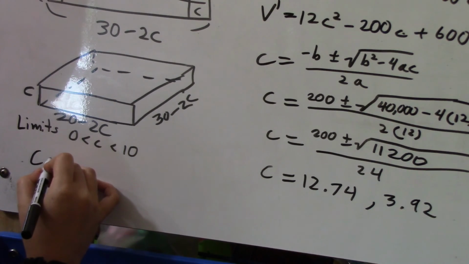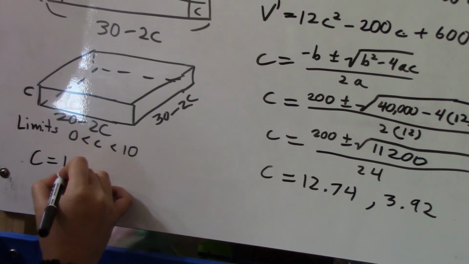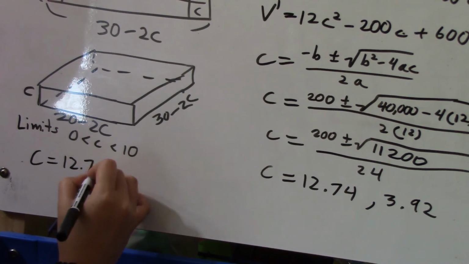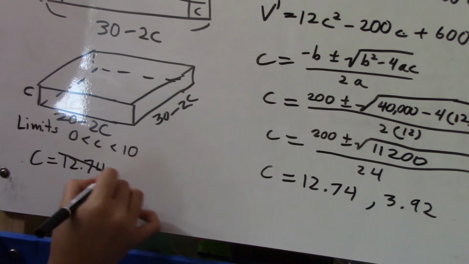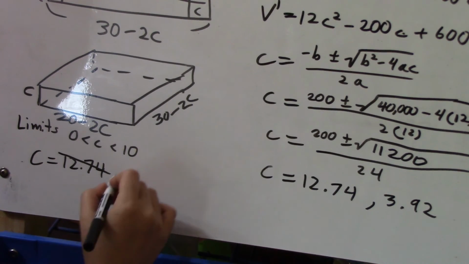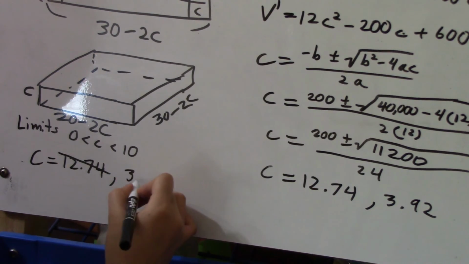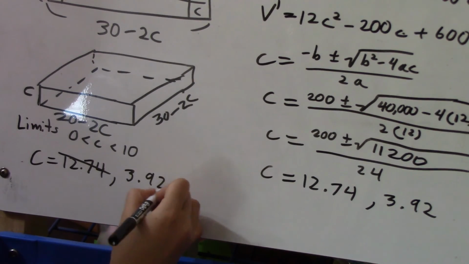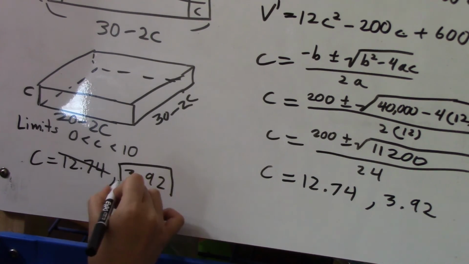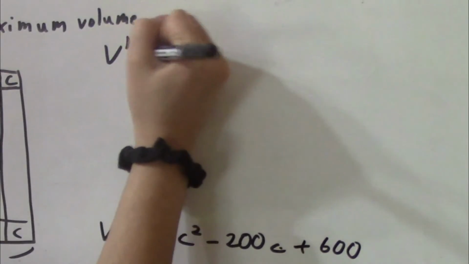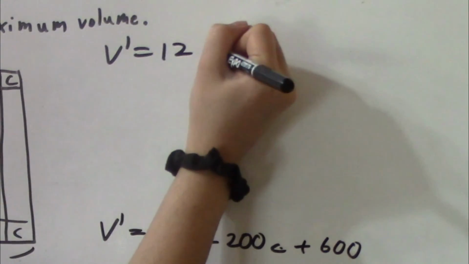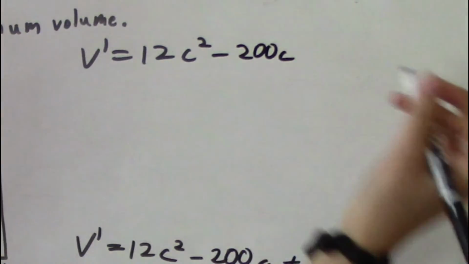So C won't equal 12.74 and will equal 3.92 as the height. Now we will find the second derivative of the first derivative.